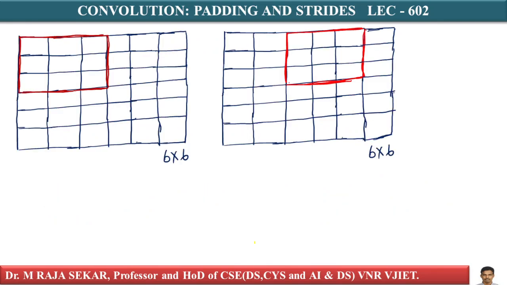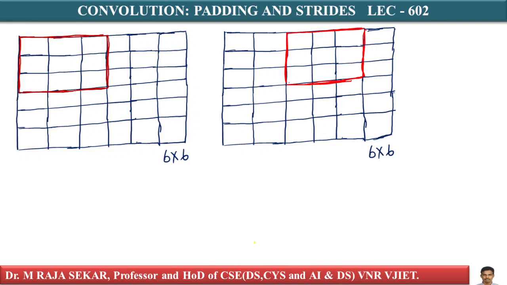Suppose I have a 6 by 6 matrix like this, and this is my 3 by 3 kernel. If I am shifting by 2, that is a stride of 2.